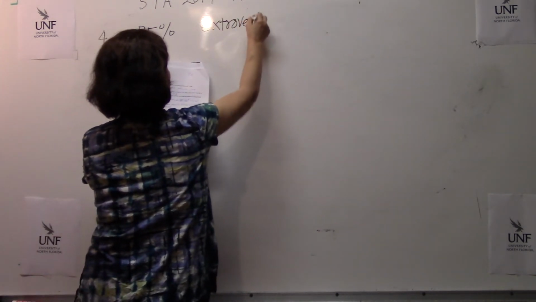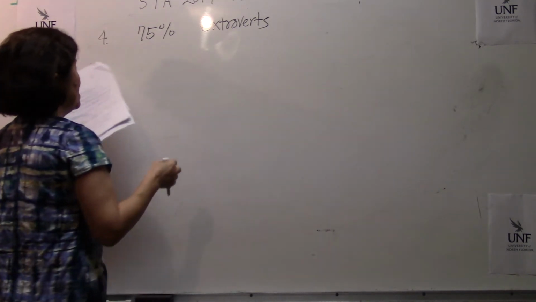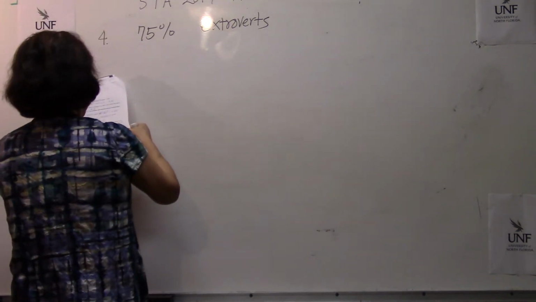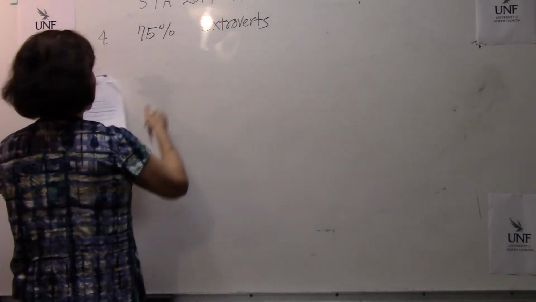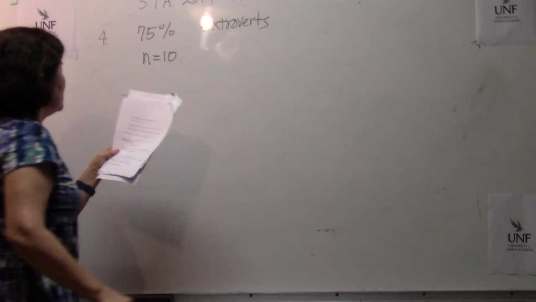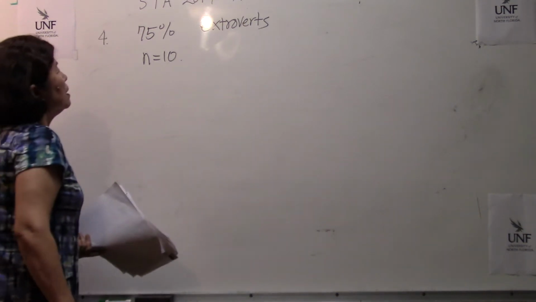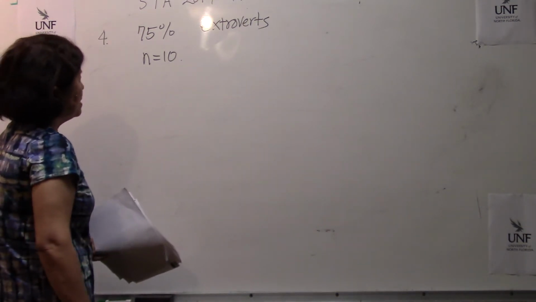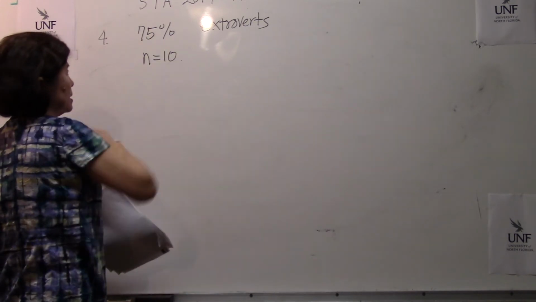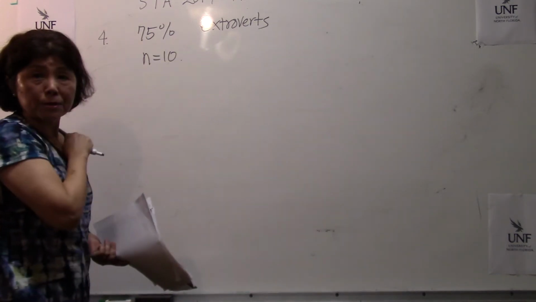That's interesting. 75%. Well, 3 out of 4 are extroverts, yes. At a meeting of 10 marketing personnel, so n equals 10. First of all, is this a binomial probability experiment? Well, you go to a meeting and you ask, they are all marketing personnel.